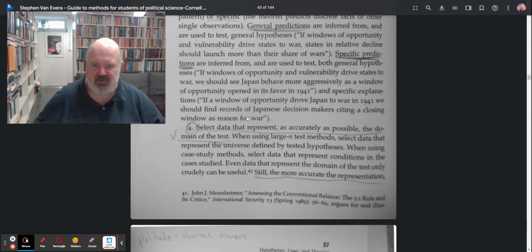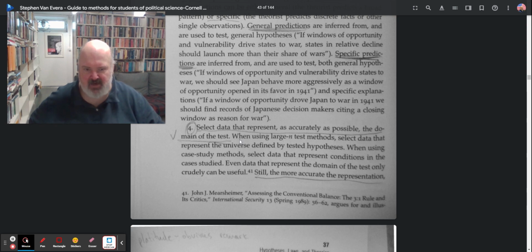Four, select data as accurately as possible. Select data that represents as accurately as possible the domain of the test, what the test is actually going to be dealing with. This is very important. When using large-N test methods, select data that represents the universe defined by the test hypothesis.